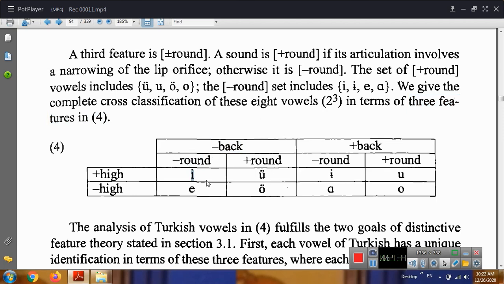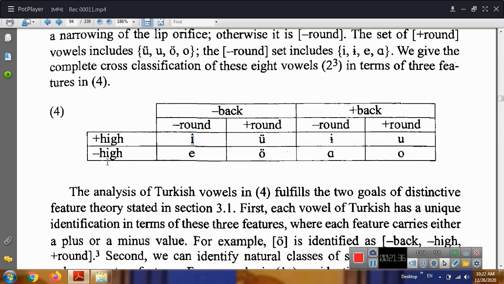We say that we have E. What are the minus high, minus round, minus back? Which sound is minus back, minus round, and minus high? It's A. Which are the minus high, minus back, and plus round? Is U.